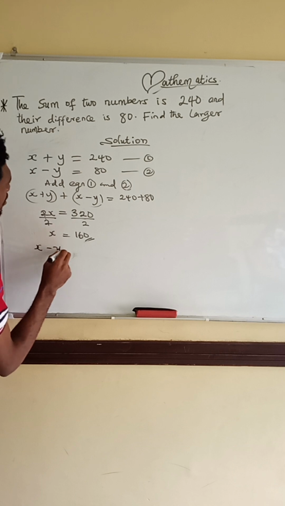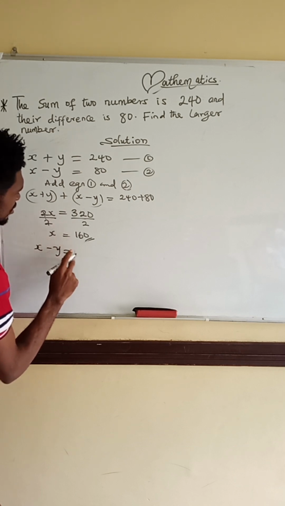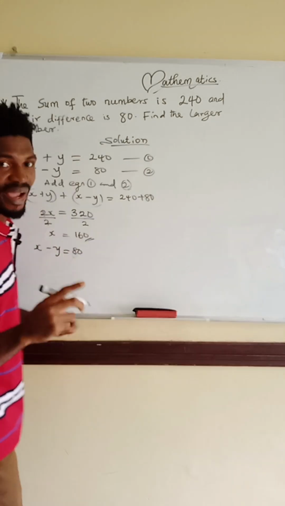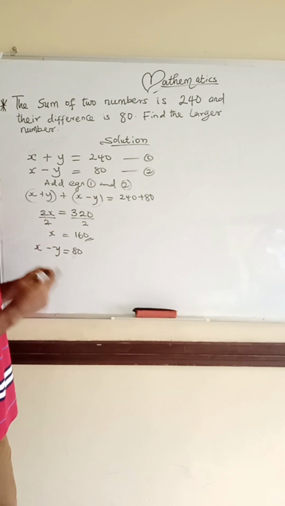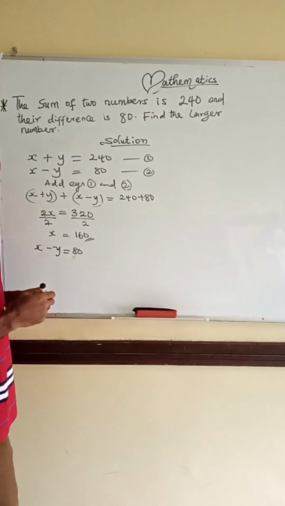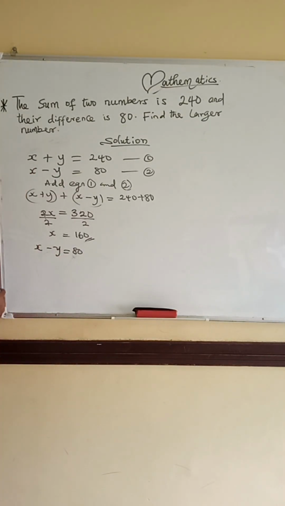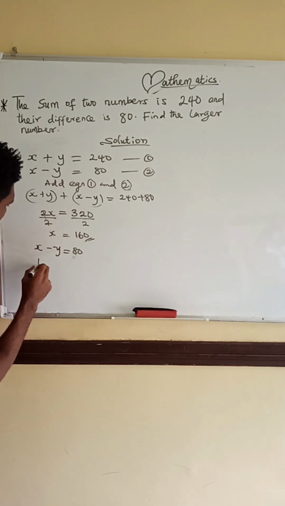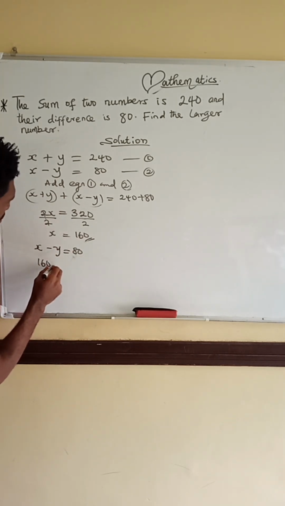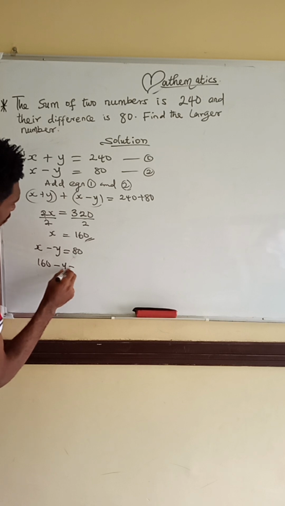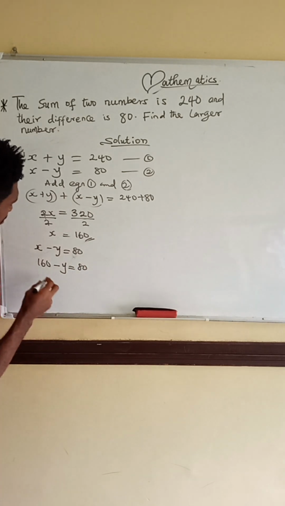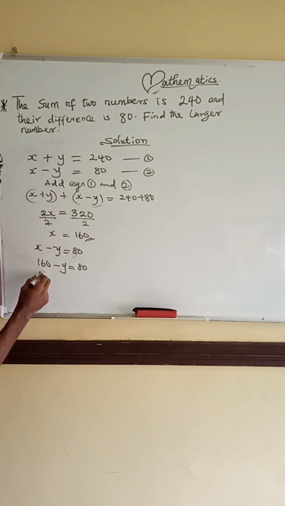So we have x minus y is equal to 80. Remember, any equation you use, you still get the answer. Our x is 160, so you substitute for that: 160 minus y is equal to 80.